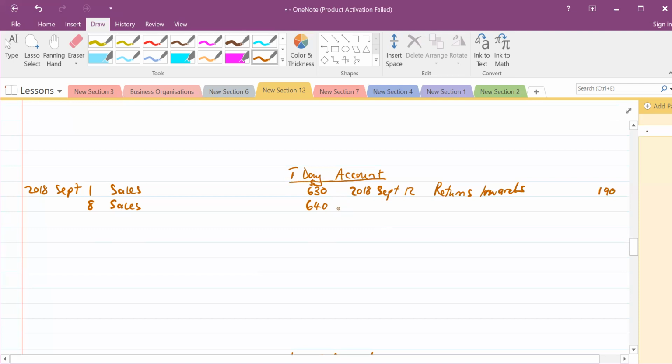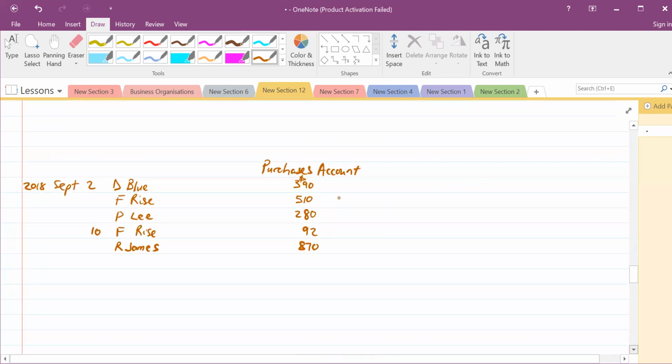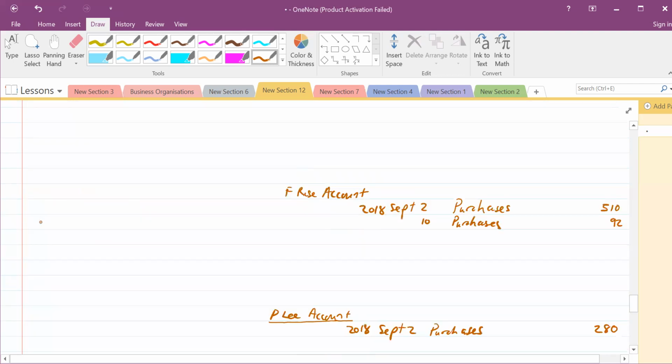Okay, and then from there, we move to the 17th. We return goods to F. Rice and R. James. So we need to locate F. Rice's account. There it is. When creditors are decreasing, because it's a liability, they are debited.